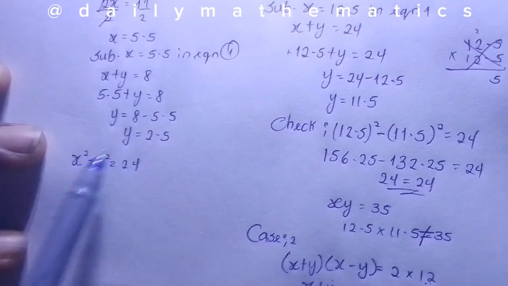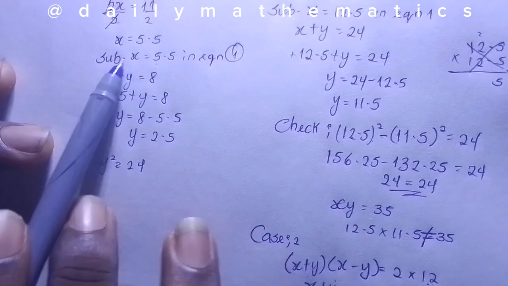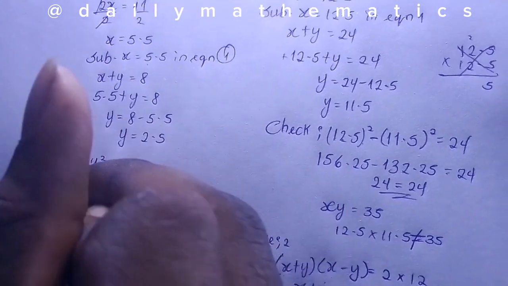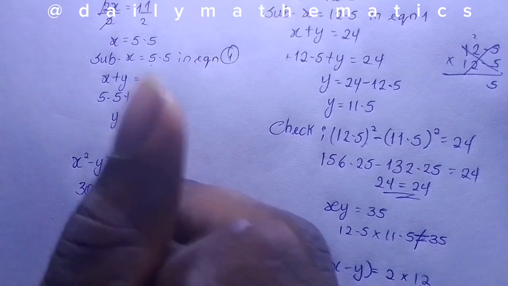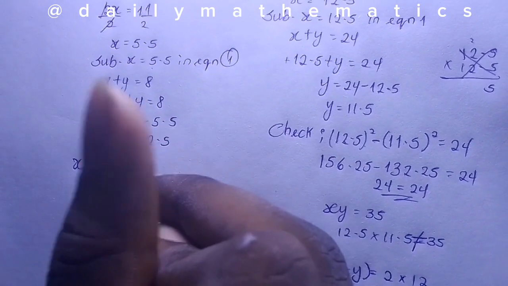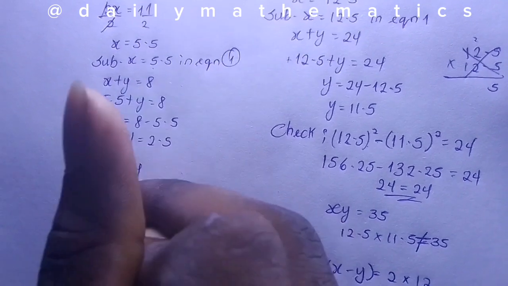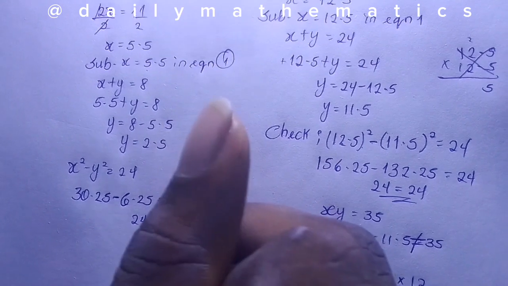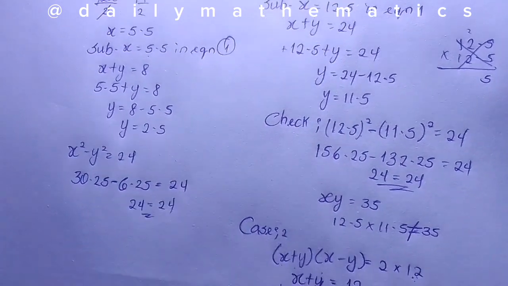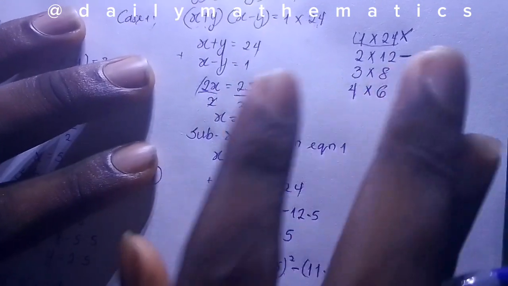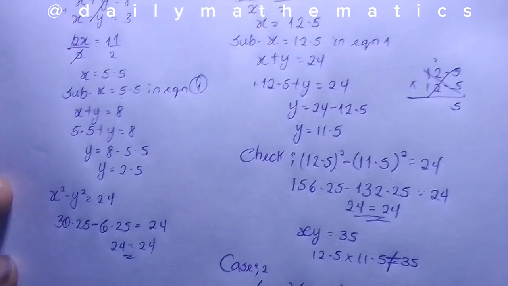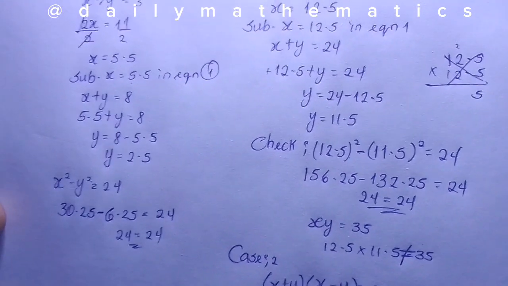If you work it out carefully, 5.5 squared gives us 30.25 and y squared gives us 6.25. Does it equal 24? Yes, it equals 24 because all the values came from the factors of 24 we are working out here.